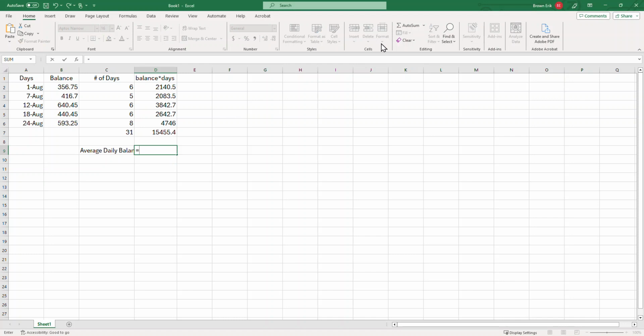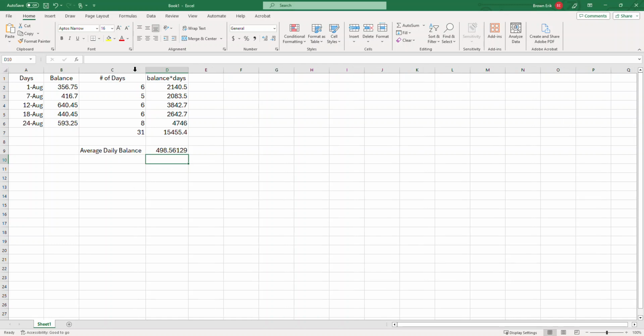So I'm going to take this $15,455.4 times days and divide it by the number of days in the month, and we're going to get the average balance per day, $498.56. Okay, so on average in that month we carried a balance of $498.56.